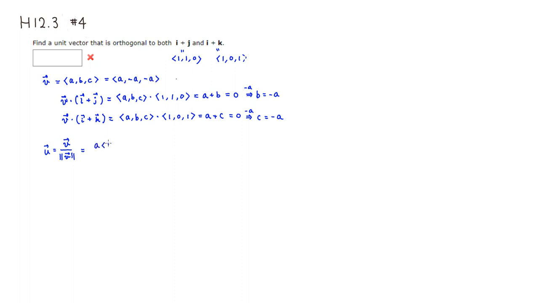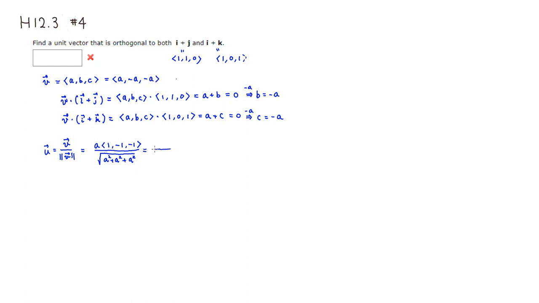You're going to have a times 1 comma negative 1 comma negative 1. Then the magnitude of this is the square root of a squared plus negative a squared, which is a squared again, and a squared again.